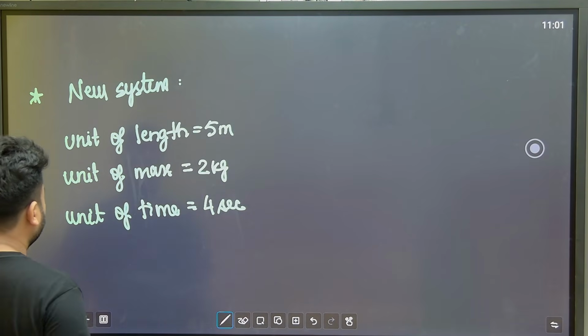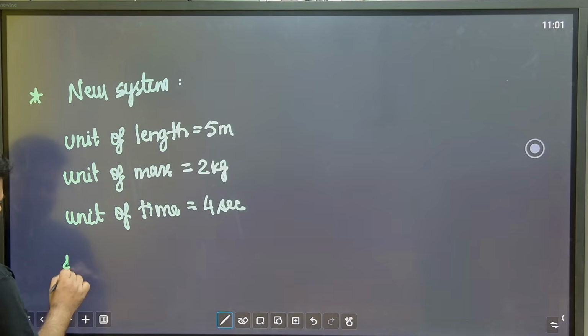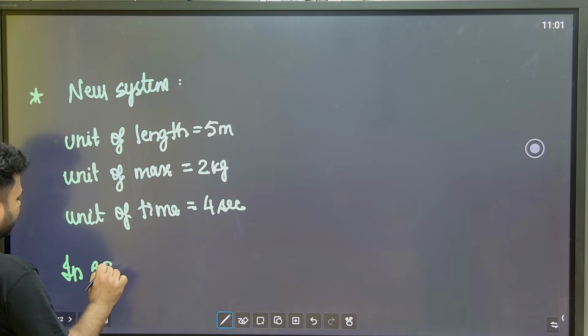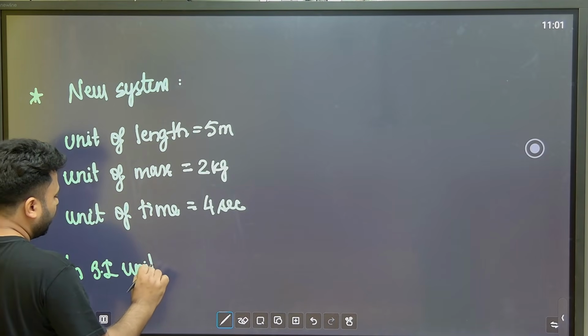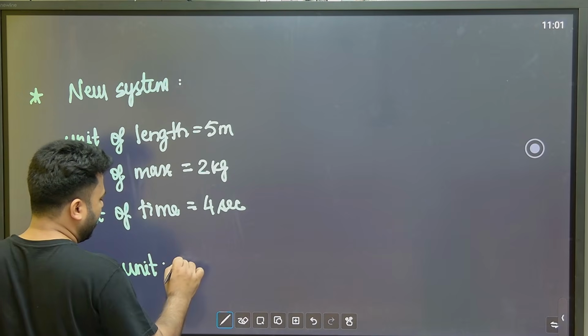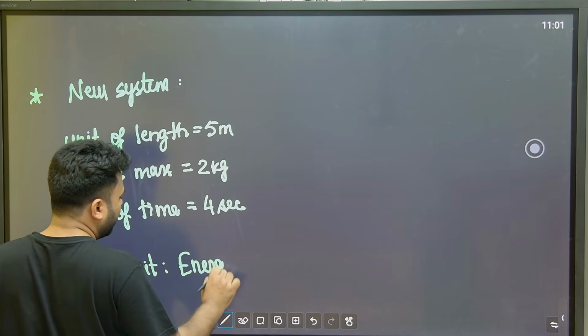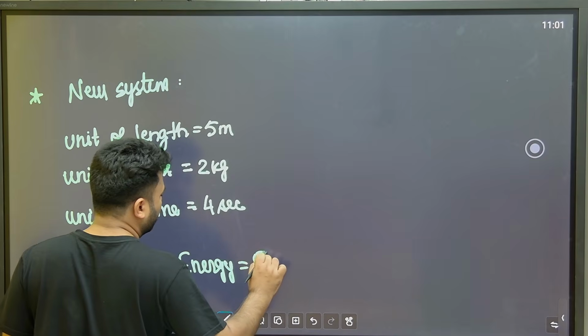Now they are asking, in SI unit system, if we have suppose energy, I am writing energy equals to 5 joule.